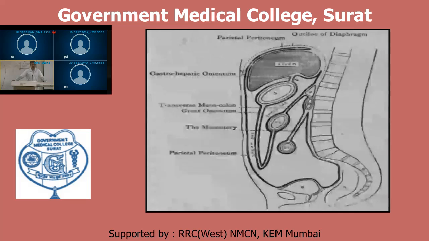Now this total attachment will form the falciform ligament. Therefore the falciform ligament is present in relation with the anterior aspect of the liver to the posterior surface of the anterior abdominal wall, and it extends up to the umbilicus.